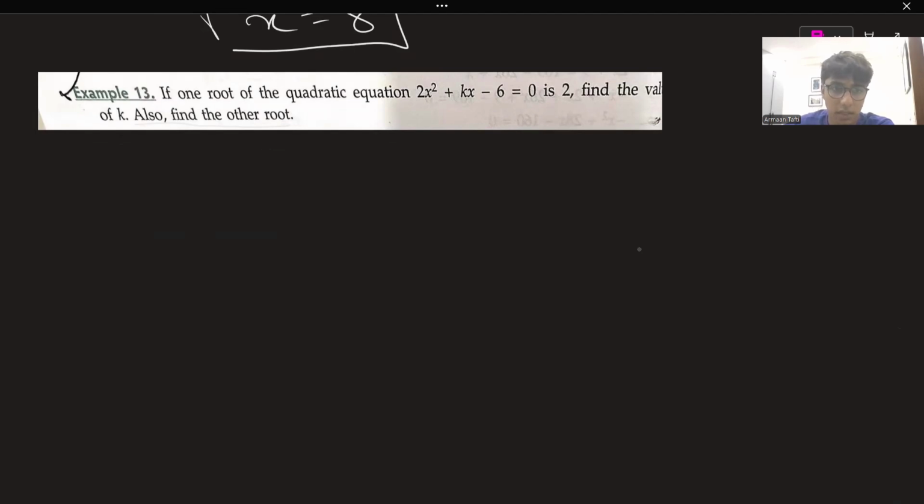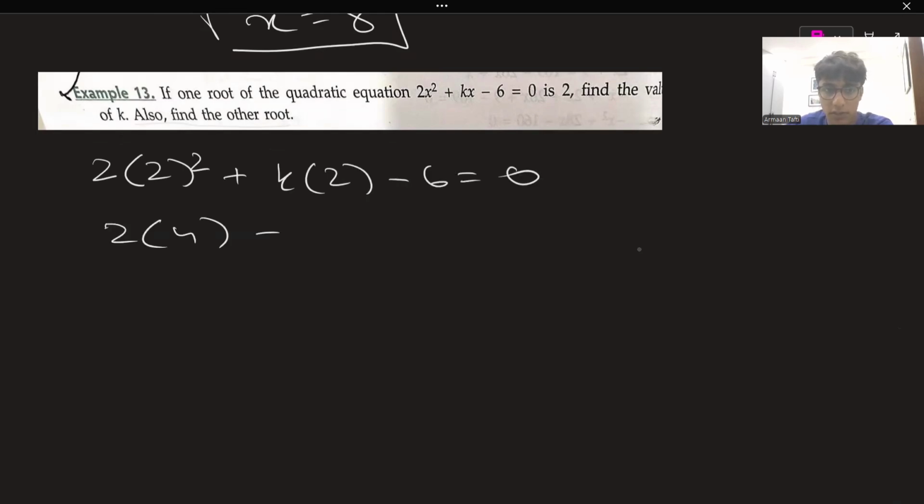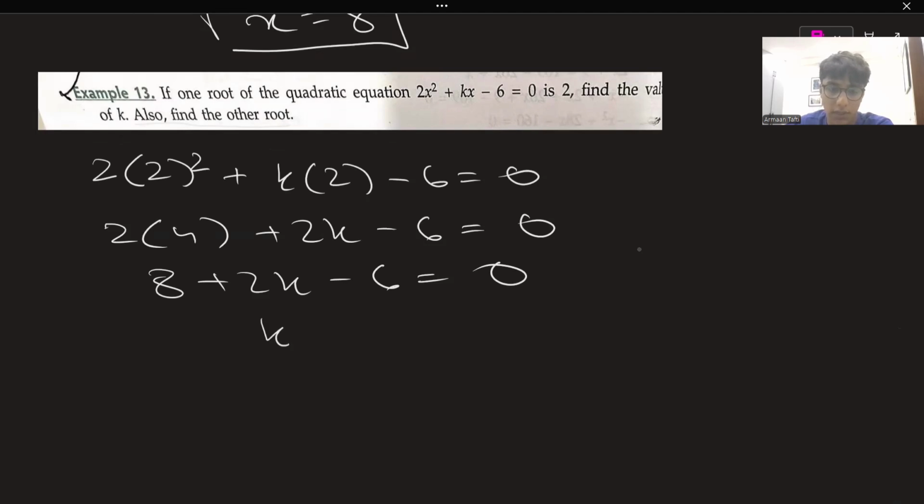So that's 2 times 2 squared, plus k times 2 minus 6 equals to 0. So that's 2 times 4 plus 2k minus 6 equals to 0. 8 plus 2k minus 6 equals to 0. And your k comes as minus 1, right? Yeah, k is equal to minus 1.